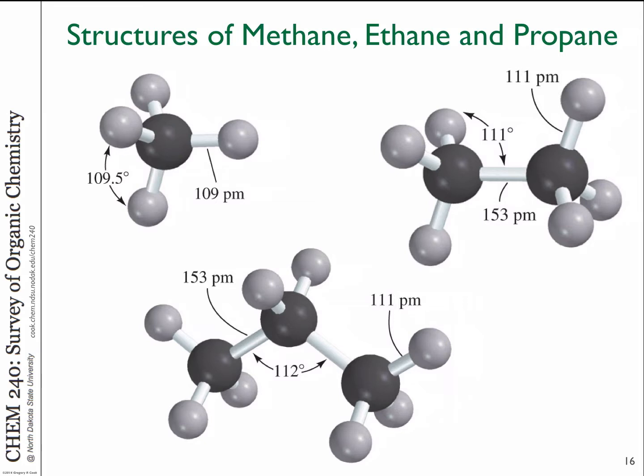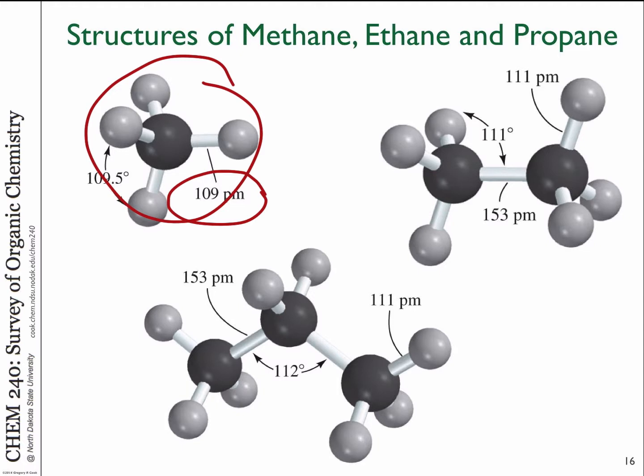You see a similar thing. It's not exactly symmetric because each of the 4 bonds are not bonded to the same things. So, for example, methane has 4 equal bonds to the same atom. It's completely symmetric. All 109.5 degrees. All the bond lengths are exactly the same. In this case, 1.09 angstroms or 109 picometers.